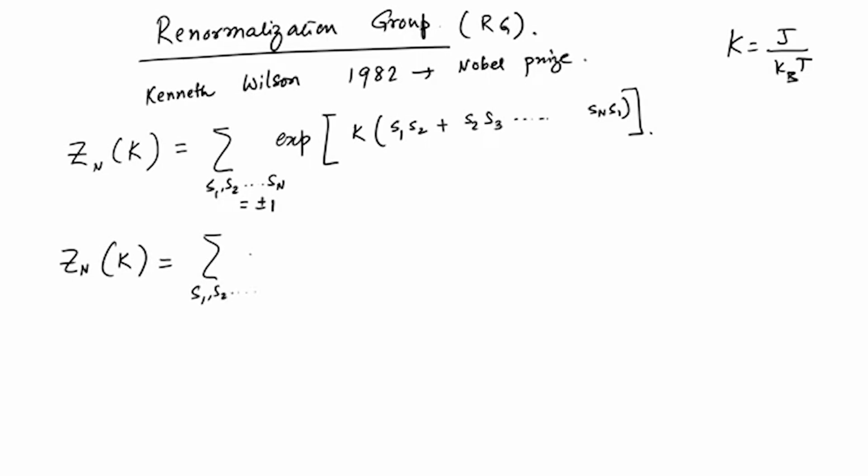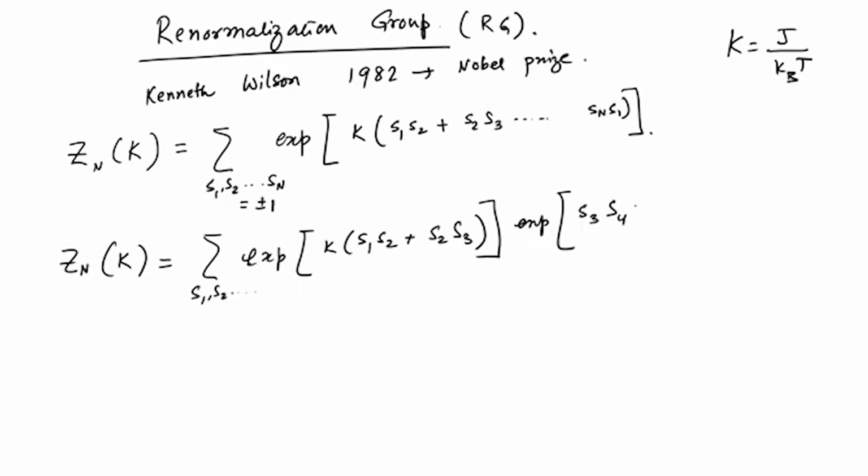We write it pairwise. So, it is an exponential of K S1 S2 plus K S2 S3. Okay. So, we take pairwise and then take an exponential, and K S3 S4 plus K S4 S5 and so on, and keep doing it just pairwise.